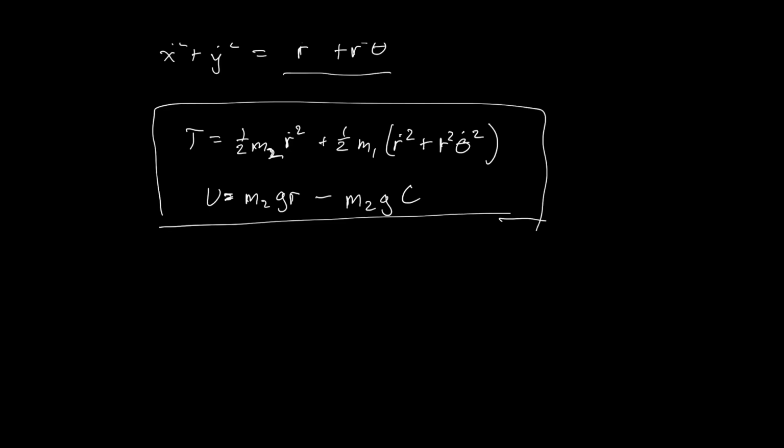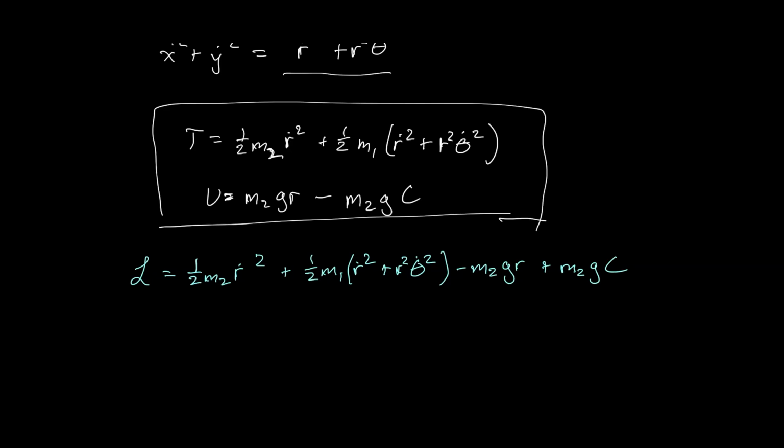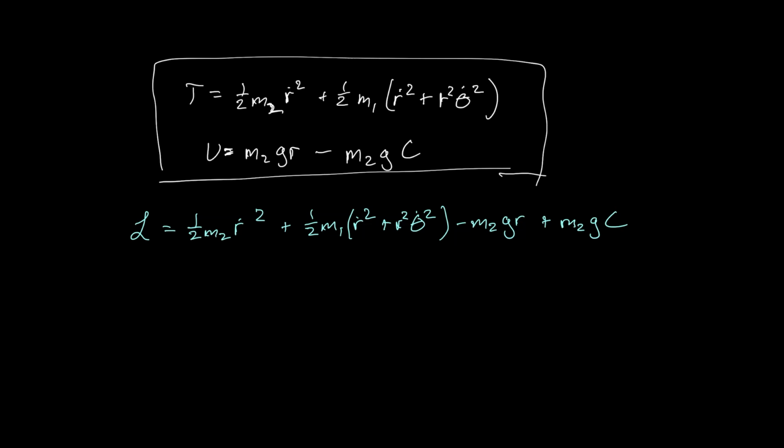And so to write our Lagrangian out, let's change colors. We get L equals 1/2 m2 r dot squared plus 1/2 m1 (r dot squared plus r squared theta dot squared) minus m2gr plus m2gc, this constant.